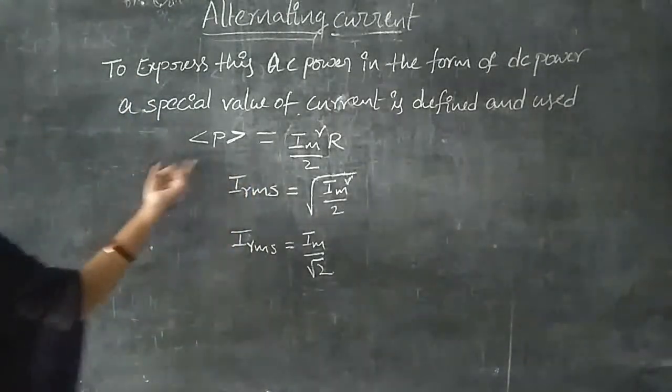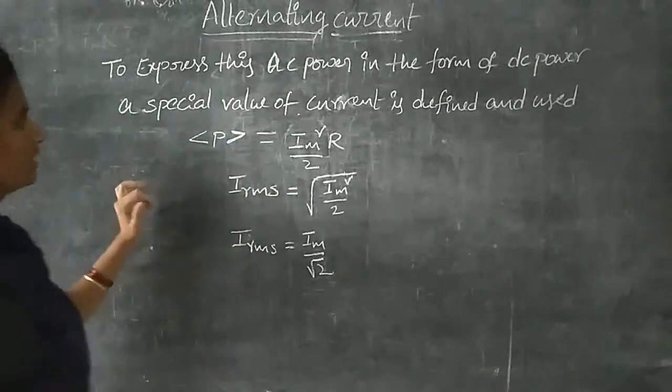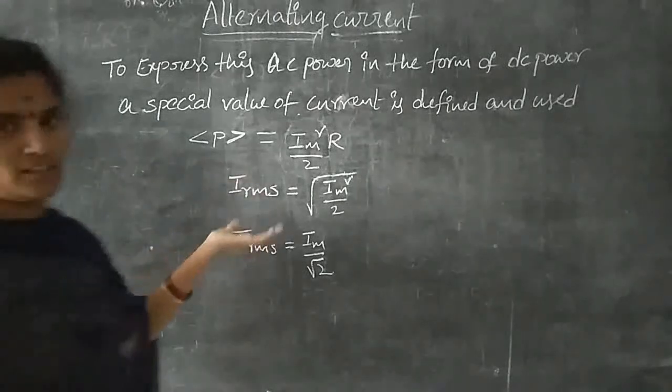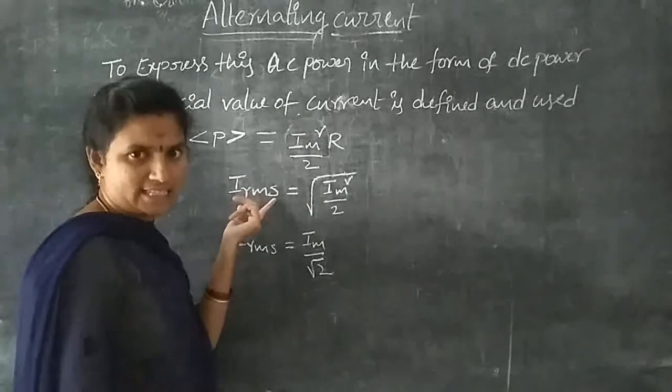In terms of DC power, some special terms of the current are defined, such as IRMS.